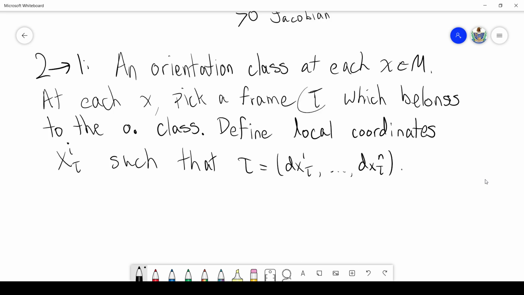So we're using this frame to define coordinates near x, right? So x is some point. It has some tangent space, and what we're saying is that for the tangent space, we have an ordered basis, which is given by tau. That's the frame, the ordered basis, and we're using that basis to define coordinates around x.